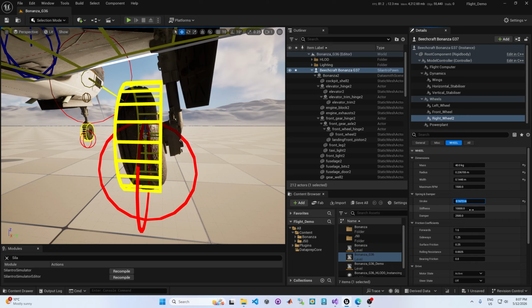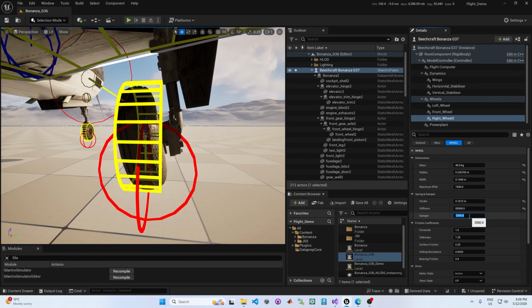If I have a compression of 0.4 meters, my force is going to be larger. So this is a multiplier that scales up the amount of force that is applied per meter of compression of your spring system. For this aircraft, what did I say for the left wheel? It's about 85,000. Again, an educated guess for this.